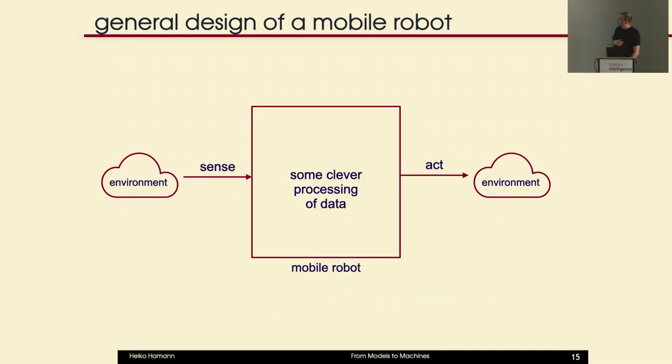So on a more systematic level, we can think about it a bit like this. Not super clear from this picture, but your mobile robot is embedded into the environment, right? So this is different from your laptop or ChatGPT and so on. These are systems that are just sitting there waiting for input.